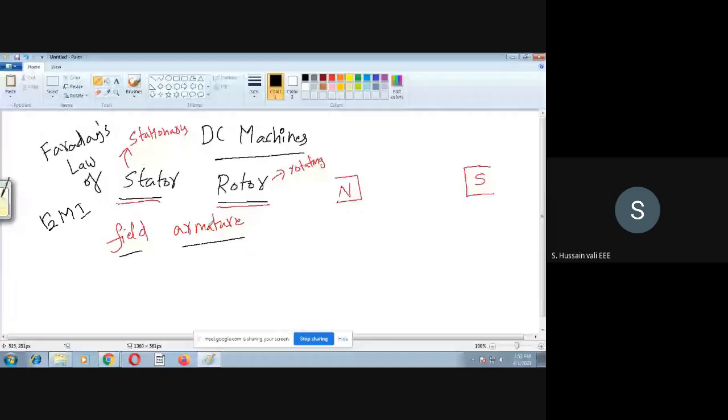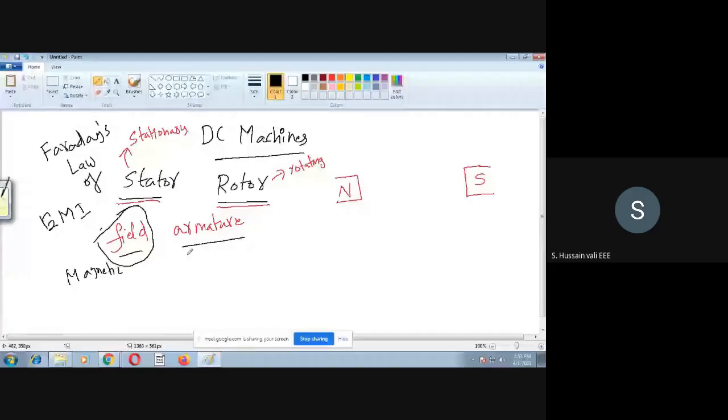There is a magnet. Now, this is one example. You have a north pole, you have a south pole. So definitely, what do you find out between north and south pole? There are always flux lines. These are the flux lines.